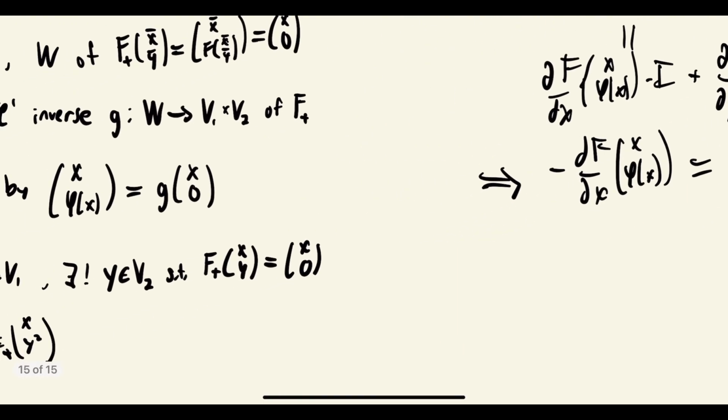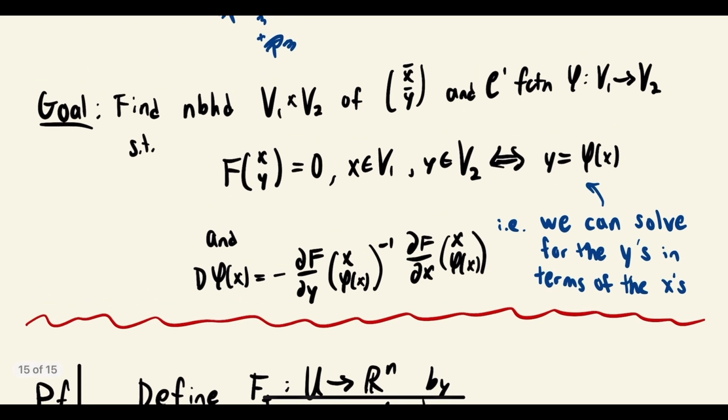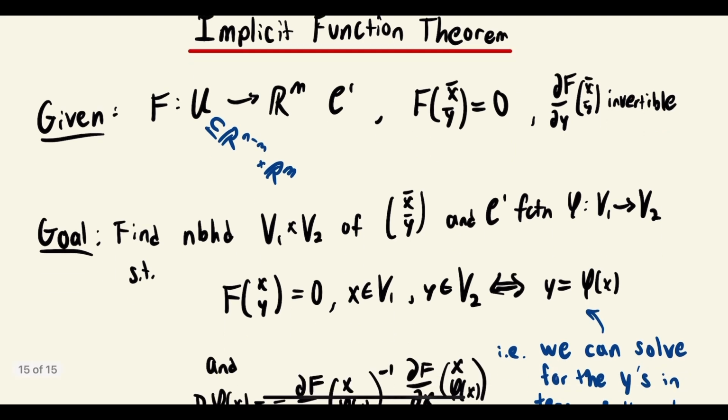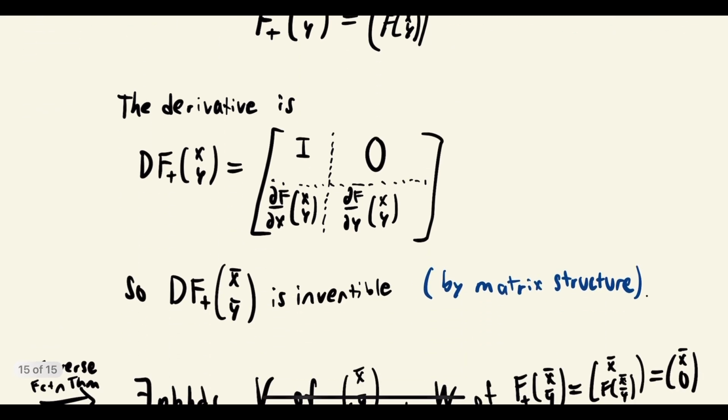What we know from our hypotheses up here is that the derivative of f with respect to the y variables, specifically at x bar, y bar, is invertible. But how about at a more general point in that local neighborhood? And the answer is yes, it is. It is invertible because when we come back to the derivative of the f plus function, we have this.